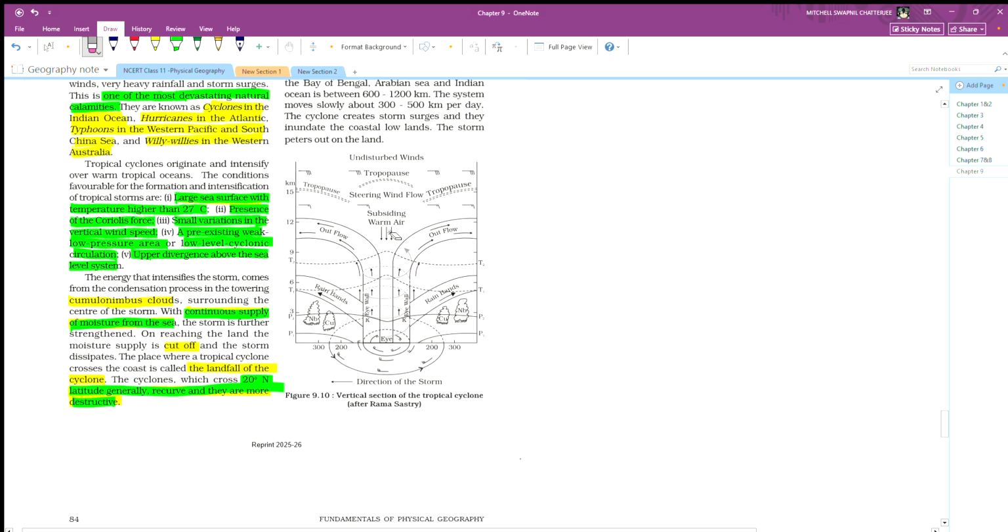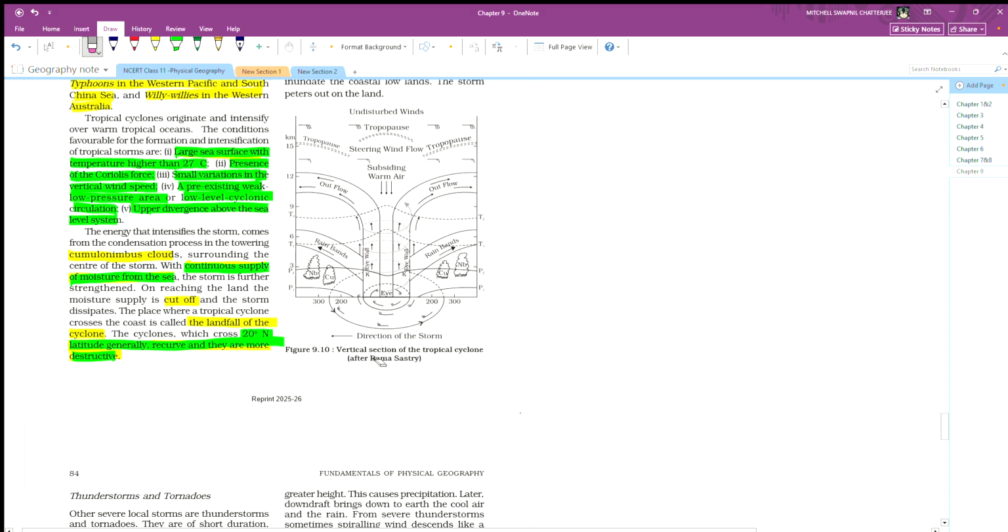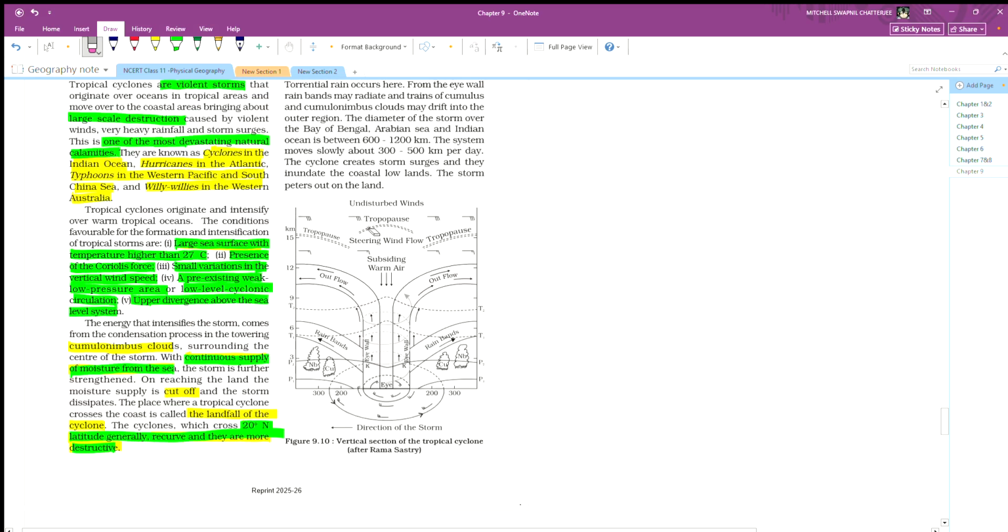Subsiding warm air goes directly to the eye, and from the eye it forms two channels. This is the rain band, the vertical section of the tropical cyclone. Understood.